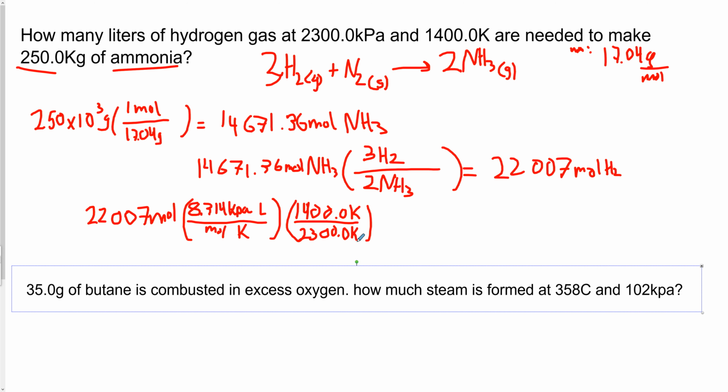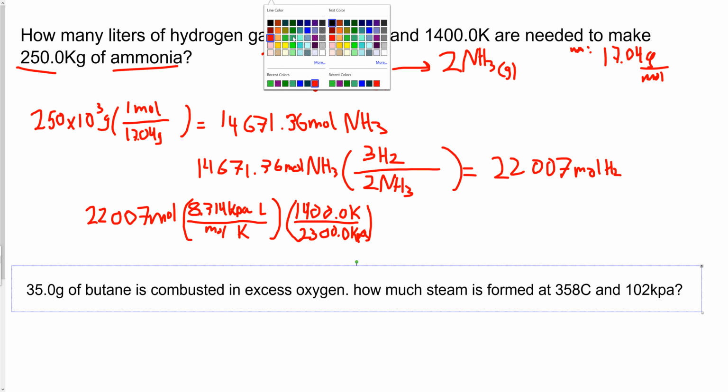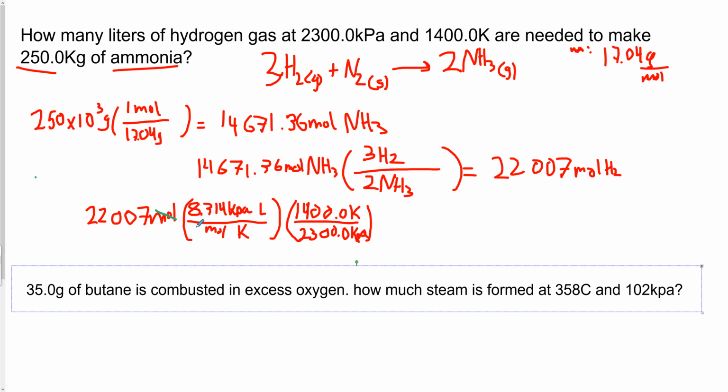And we are allowed to do some crossing out. Moles is gone, kPa is gone, Kelvin is gone. Hey, look, the only unit is liters. How many liters? That guides us to the answer. It's great. So liters of H2. And now we just do the math.